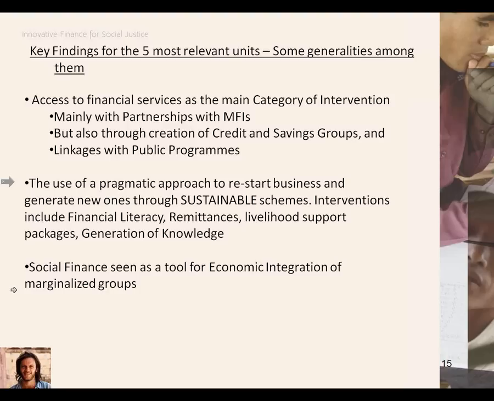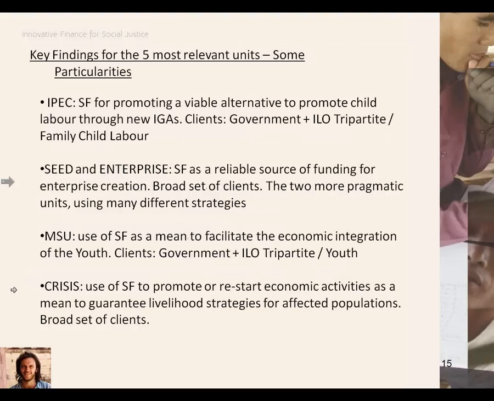Sorry. Let's look at some small results for each of these units. So we see that, for example, in IPEC, the justification for the use of social finance was to promote a viable alternative to child labor through the promotion of new income generation activities. In the case of SEED and Enterprise, social finance was seen as a reliable source of funding for enterprise creation.